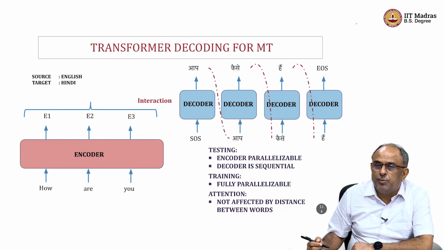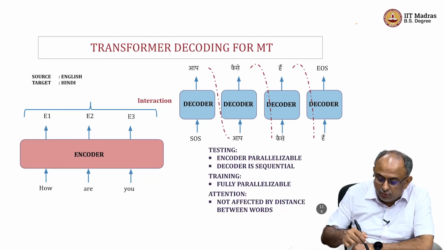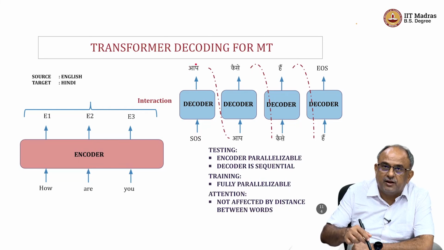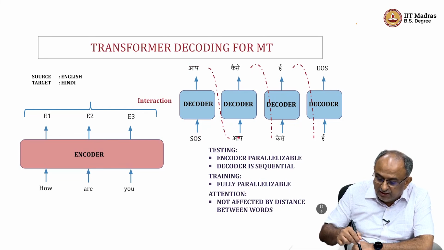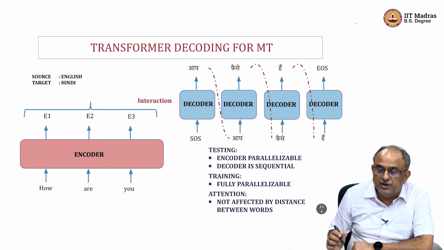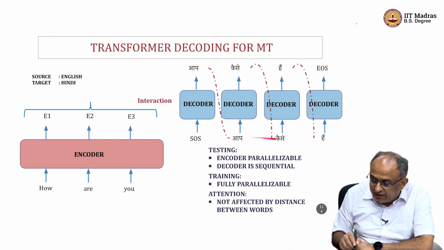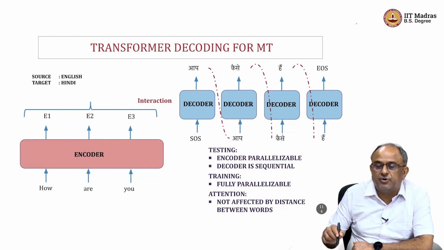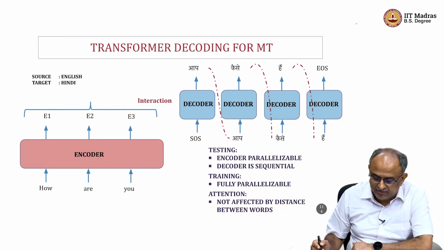I can parallelize because I am not waiting for anything. While inferencing, I do not know what word is going to come here. After I get the word, I feed it here, and after I get the output, I feed it here. But when I am training, I know the input and the output for the decoder, so I can parallelize.